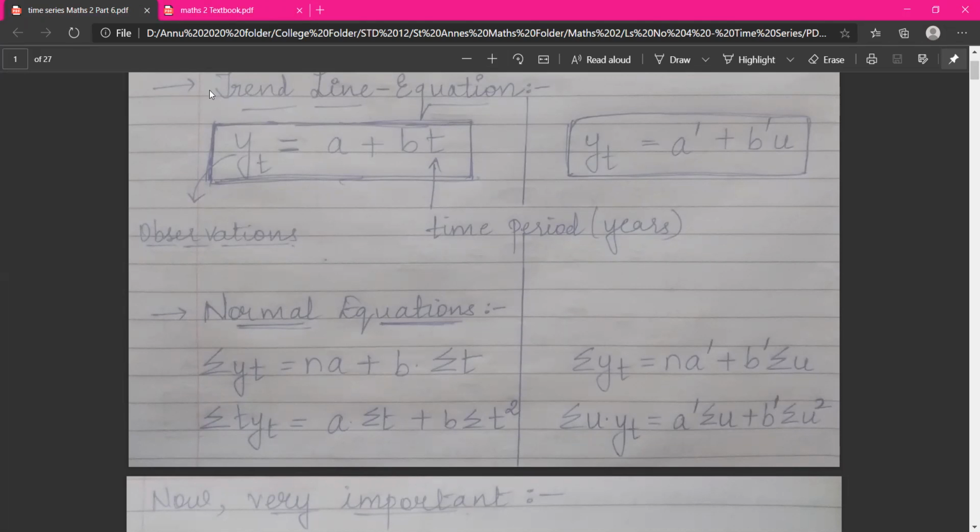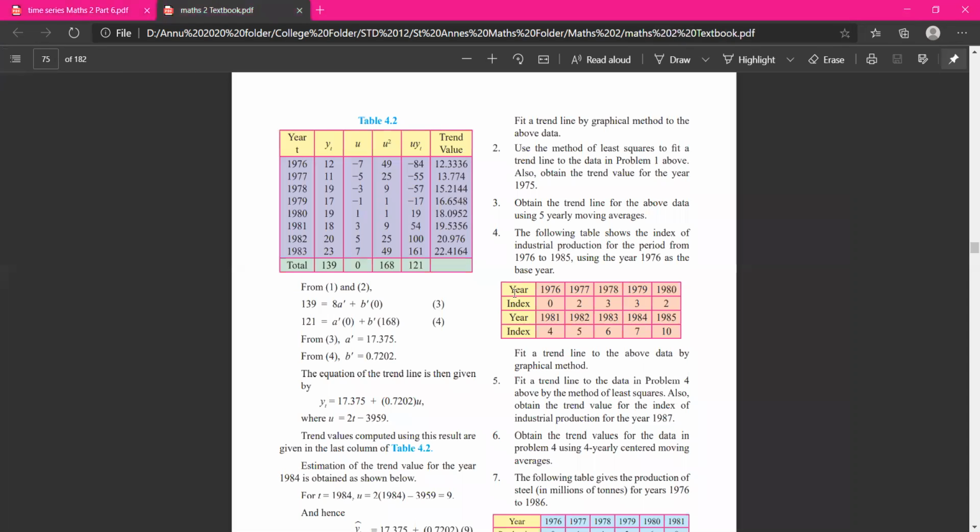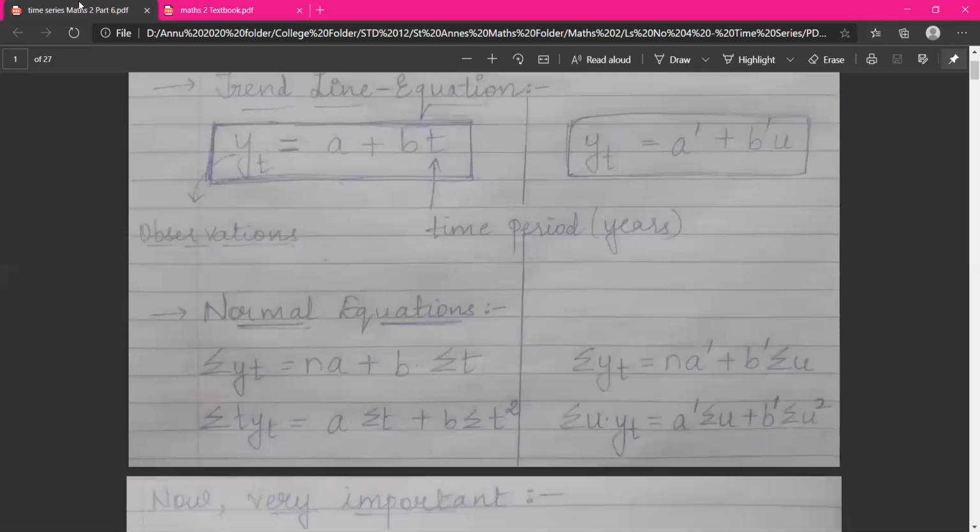Now class, if you pay attention, yt are the normal observations, है ना? But when I tell you about time period, आपने देखा होगा the table values are always given in years. As you can see, 1976 है, 77 है, 78 है.